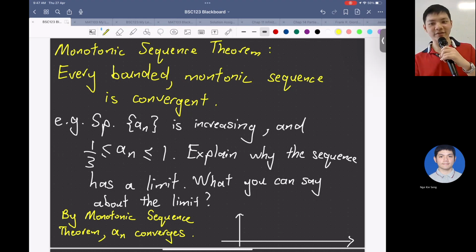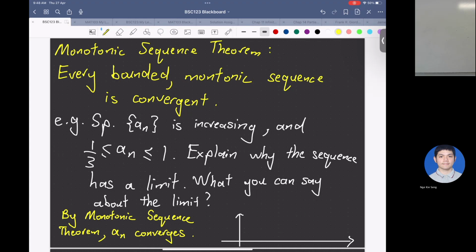So the question is 1 or 1/3. Increasing, right? Strictly increasing. Okay, first of all, the limit must lie between 1/3 and 1. Okay, this one is clear, right? Because this is strictly increasing, it must be very far away from 1/3.